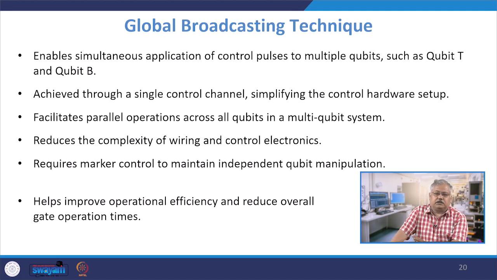So, if you have multi-qubit systems, each control readout controls each of the qubits, which effectively means I can control all of them individually by an external power source. This reduces the complexity of wiring and control electronics, and independent of qubit manipulation, you can control the overall system. The advantage is that operational efficiency is much higher, and you will have much reduced overall gate operations.